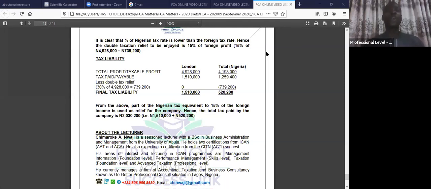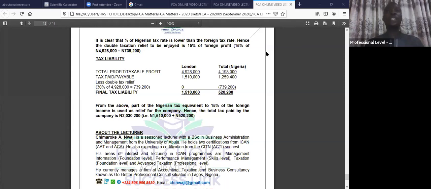All you need to do is look for the foreign company's rates, look for the Nigerian rates, then look for half of the country's rates. Then compare the foreign tax rate with the Nigerian tax rate.